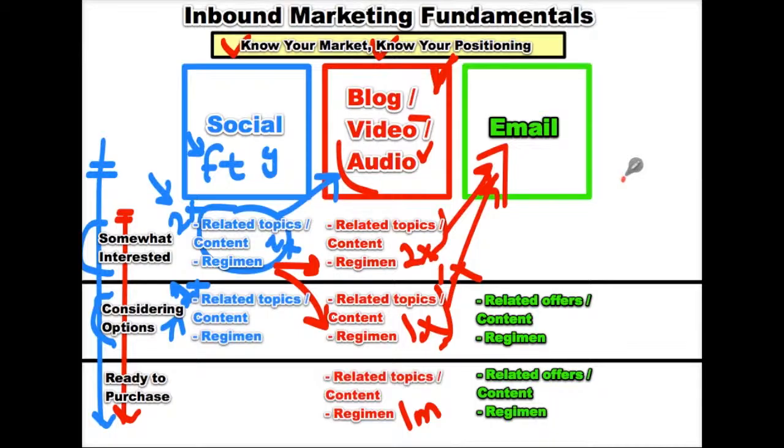So anyone who opts in for your content via email, generally speaking, is more likely to be in this category than maybe to be here. Not necessarily, but in general, your percentage of folks in your email list who are here rather than here, in terms of considering options as opposed to being somewhat interested, is much higher than it would be on social.